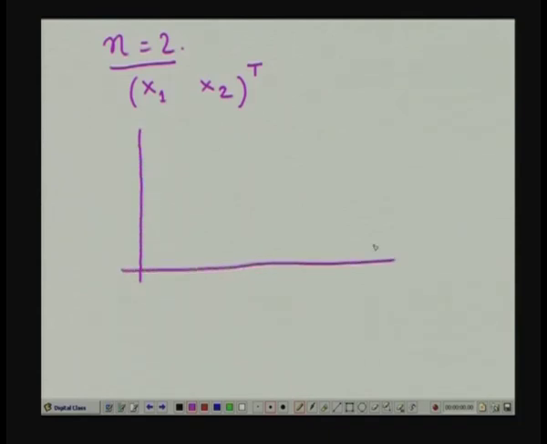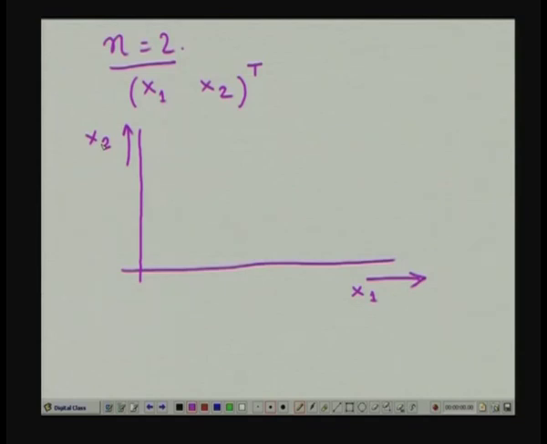Why I am going for two dimensions is, it is easier for visualization. Suppose this horizontal direction represents the first component of the feature vector, x1, and this vertical direction represents the second component, that is x2.